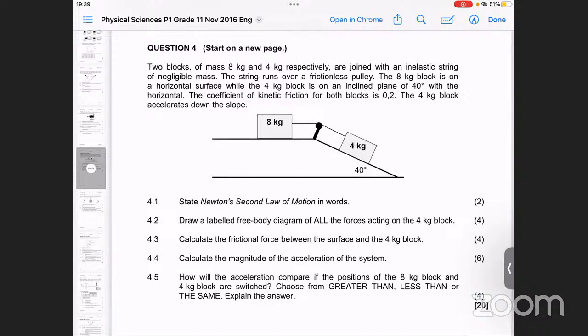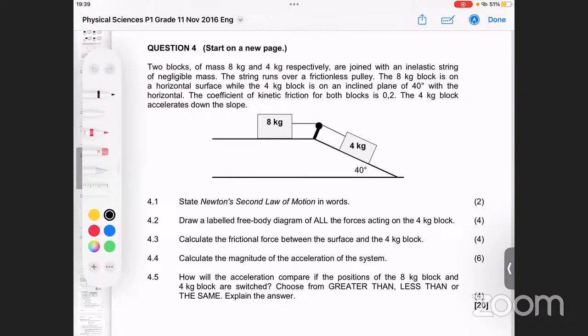But 4.2, for example, where they say you need to draw a labeled free body diagram of all the forces acting on the 4 kg block. You see now, on the 4 kg block. It makes it very much easier, honorable members, if you've got your nice diagram.